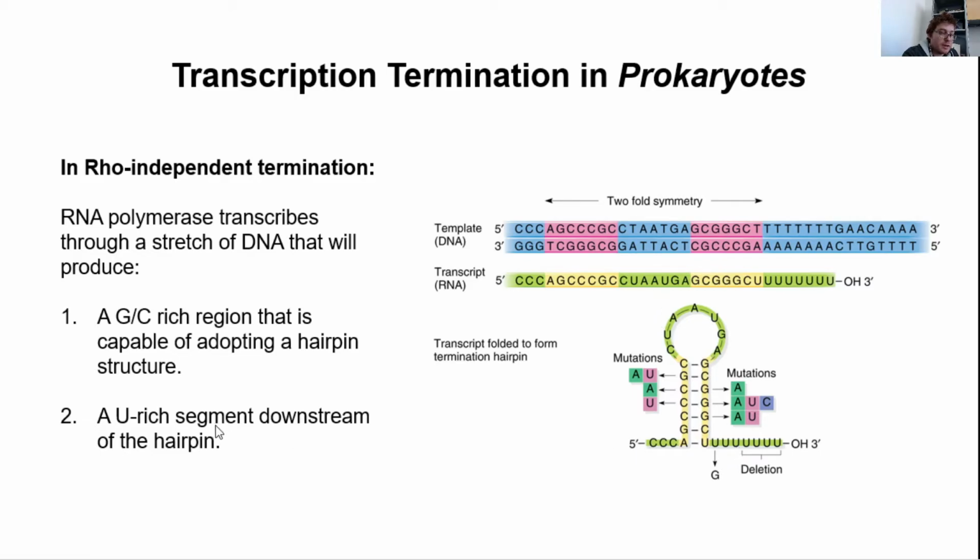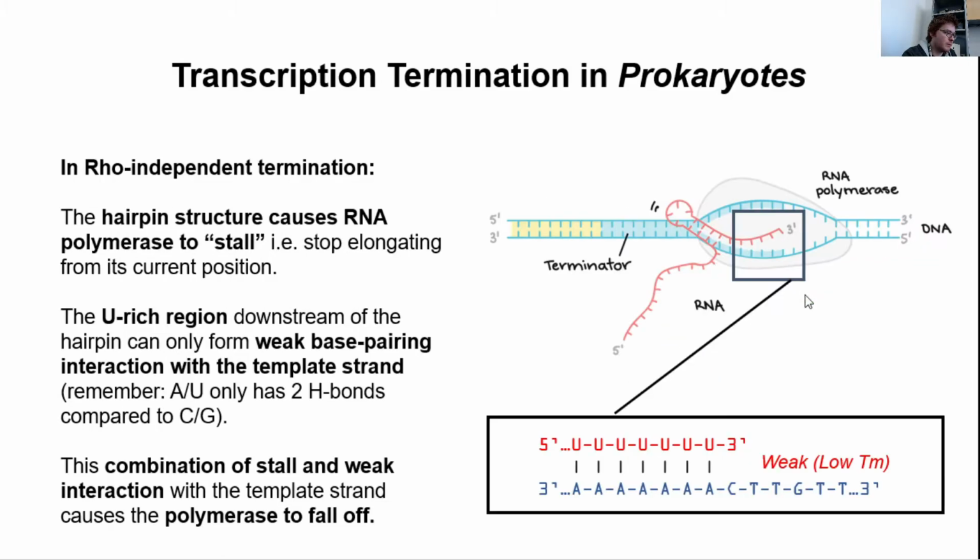And then interestingly, what's right downstream of the hairpin, so getting closer to the 3' end where polymerase is trying to extend, is a long stretch of U's. So we basically have a U-rich segment here, and that means that in this portion of the RNA, the interactions between the RNA and the template strand are held together primarily by UA base pairing interactions.